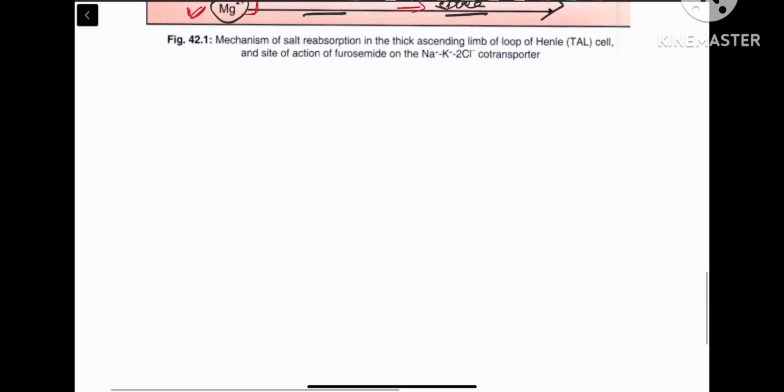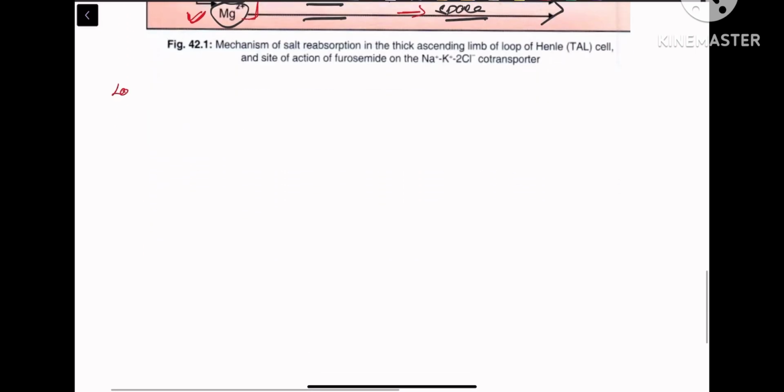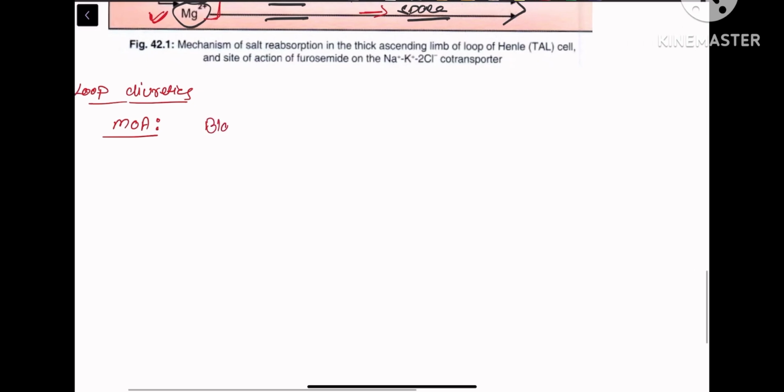So we will write loop diuretics. The mechanism of action is blocking of the sodium plus potassium plus 2 chloride co-transporter.